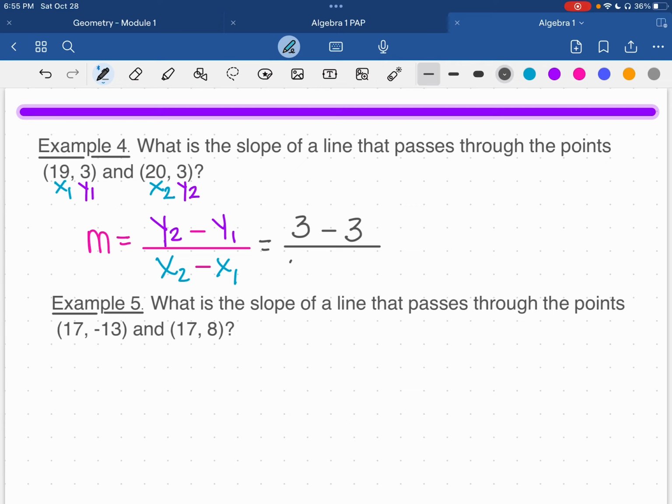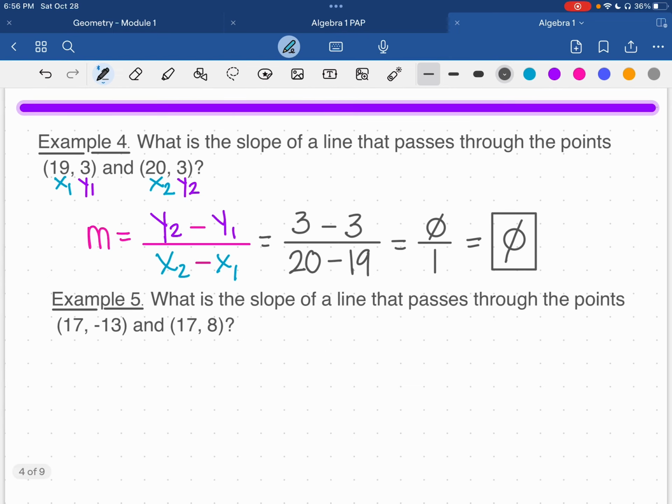Okay, that's correct. x2 is 20 and x1 is 19. 3 minus 3 is 0, and 20 minus 19 is 1. If I were to divide this, I do get 0. So I just wanted to show you here that you could have a slope of 0, and that is okay.